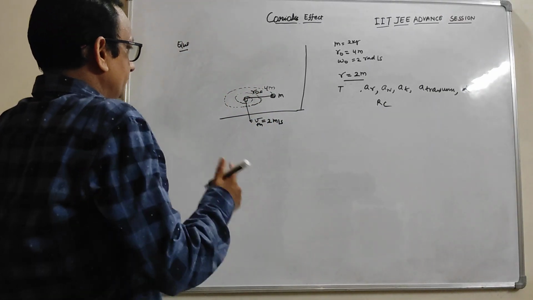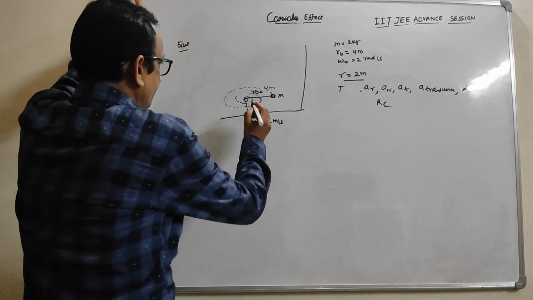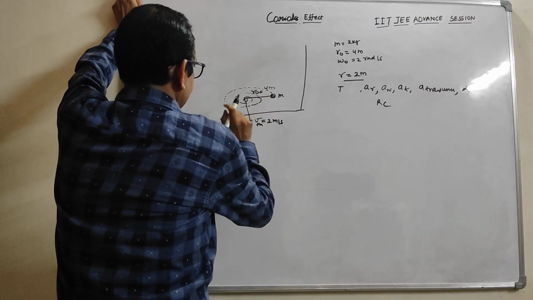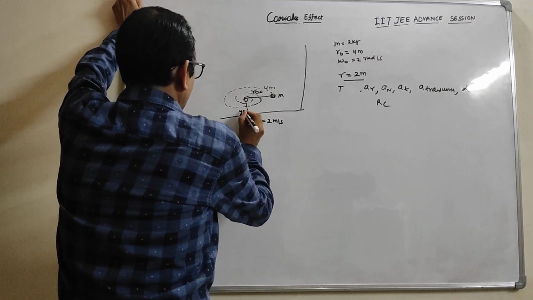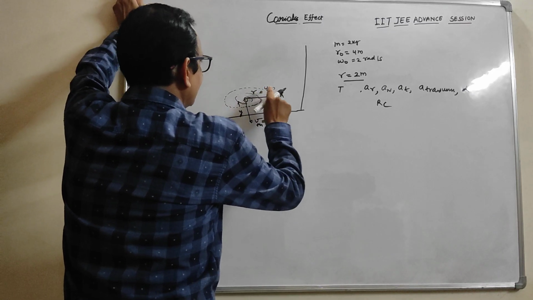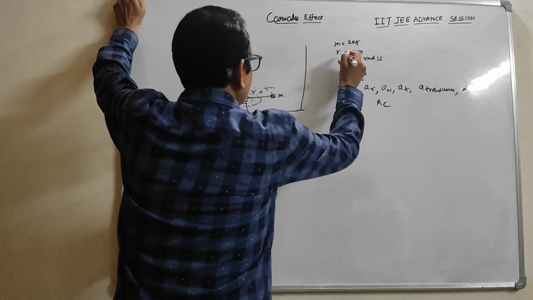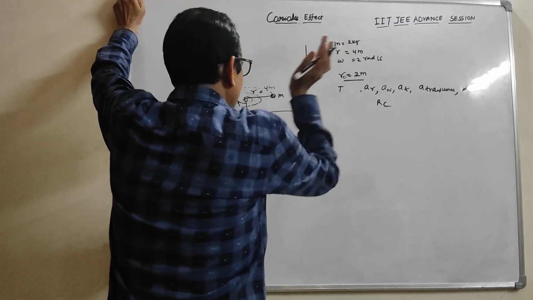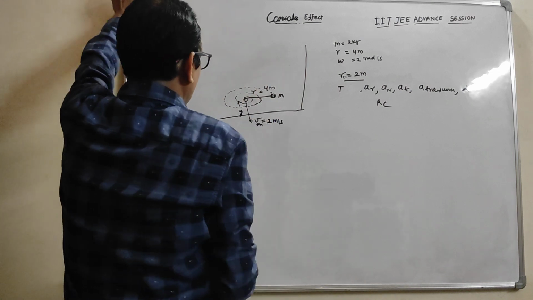So we can write here, suppose this distance is r. This is r naught, the initial length. R naught is equal to 4 meter.